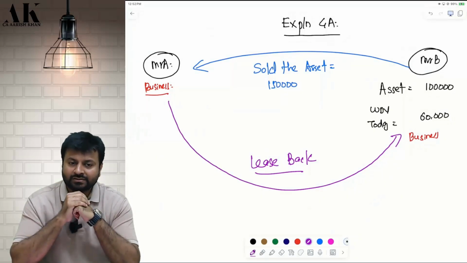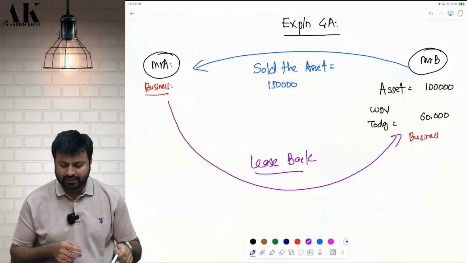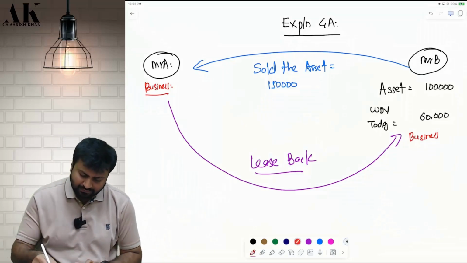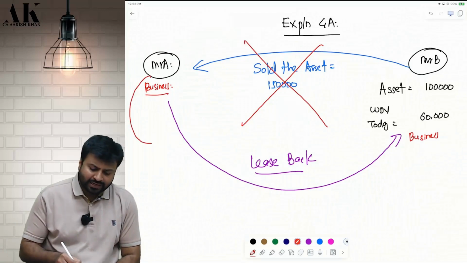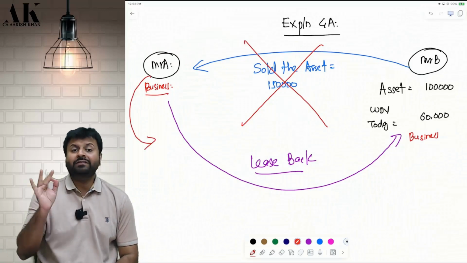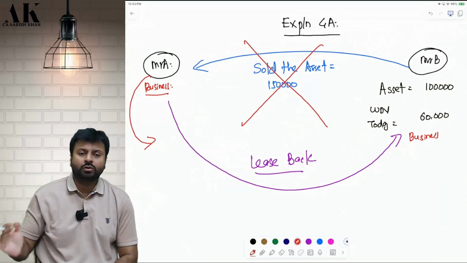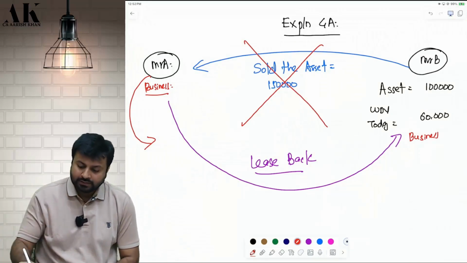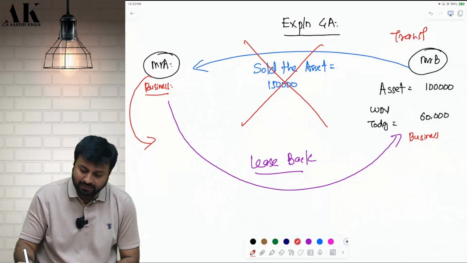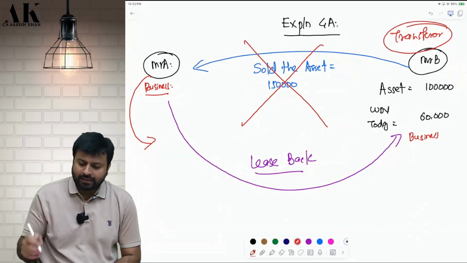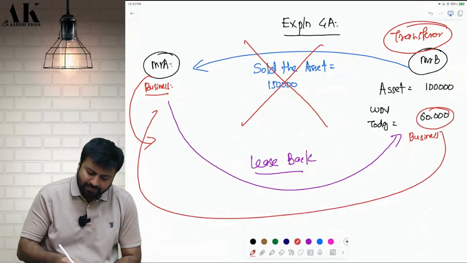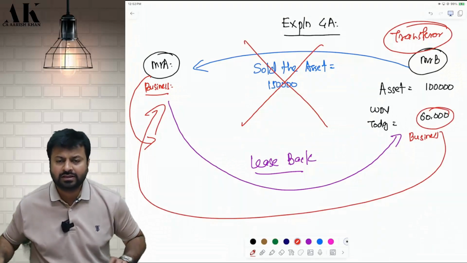In that case, the government has said that the actual cost will not be 1,50,000 rupees. The actual cost in the hands of A will be the WDV in the hands of the transferor. Who is the transferor over here? The transferor is Mr. B. Mr. B is transferring the asset, correct or not? So whatever is the WDV in the hands of the transferor, that will become your actual cost. Is it clear, all of you? Please tell me.